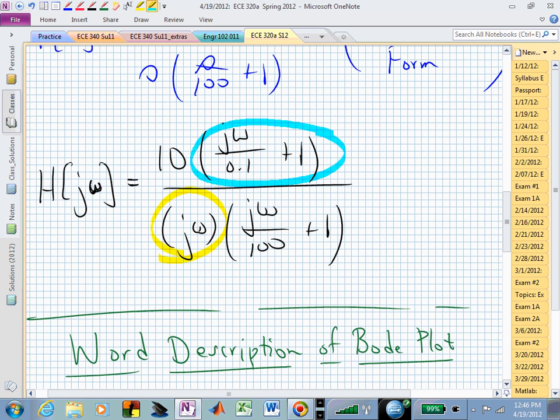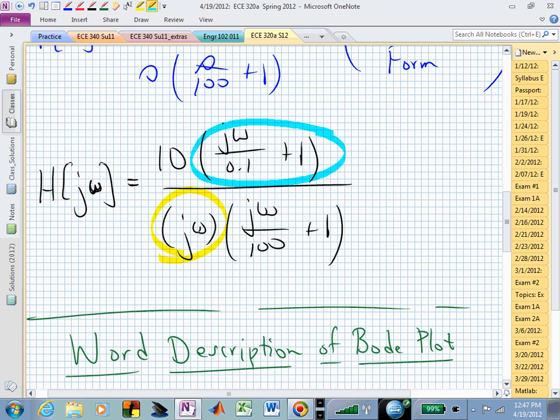We also know for large frequencies what's going to happen. If omega is bigger than a decade beyond 0.1, then the imaginary piece of that complex number dominates, because it's now like 1 plus j10. The complex part dominates. We can now say, oh, that's just 20 log of omega.